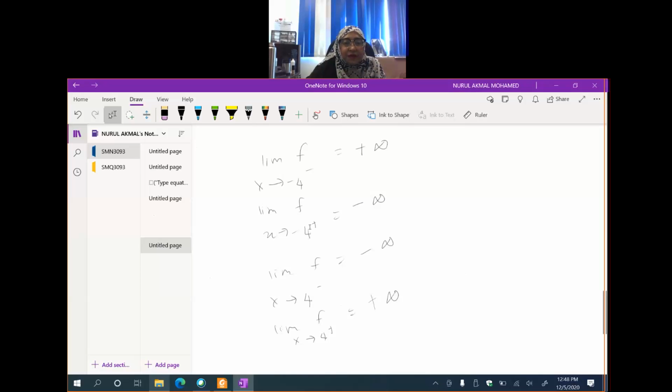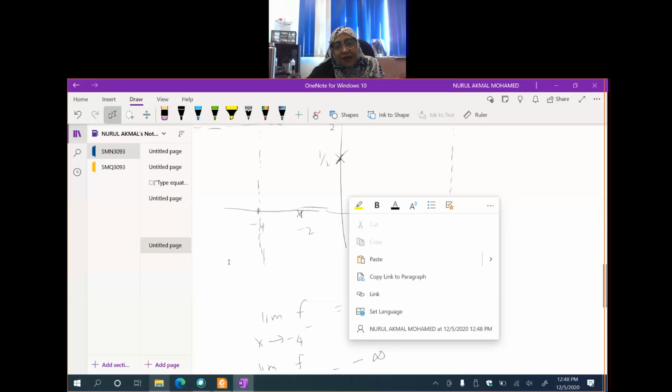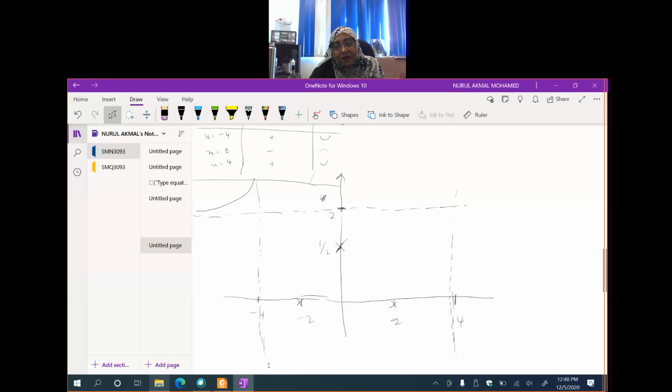For the second one, negative 4 from the right, it will be negative infinity. So it will be coming from below, and then it will pass through these points.